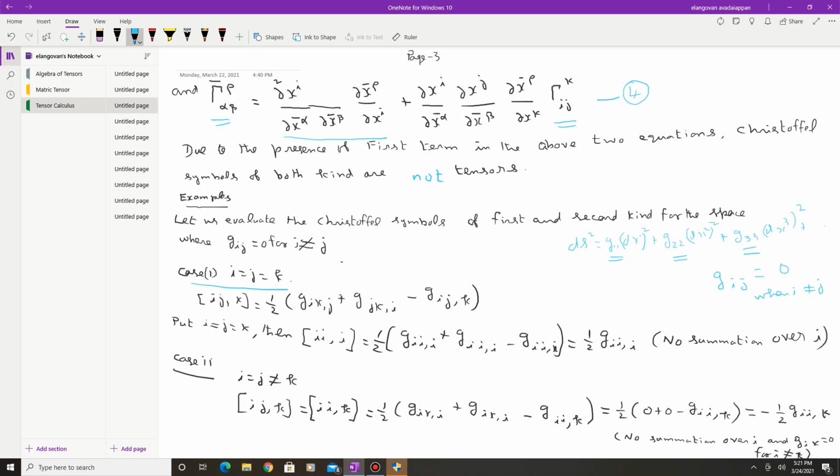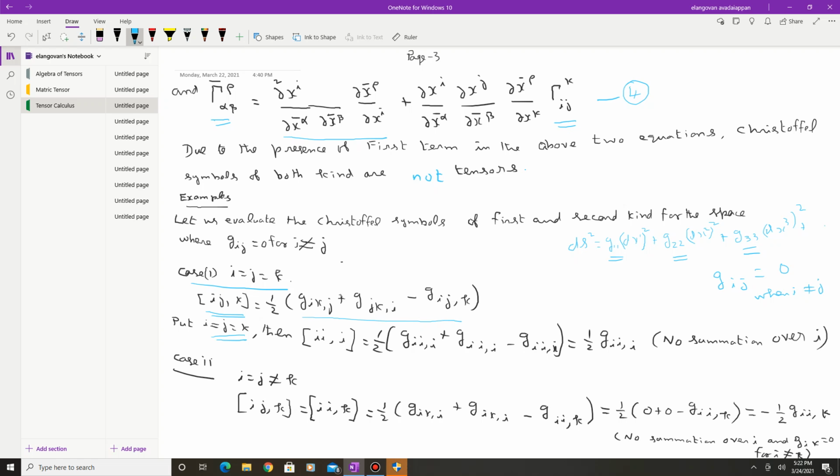The Christoffel symbol of the first kind, according to the definition, in the box symbol [ij,k], is half of g_ik,j plus g_jk,i minus g_ij,k. This is the expression according to the definition. Now put i equal to j equal to k, so here it is [ii,i].